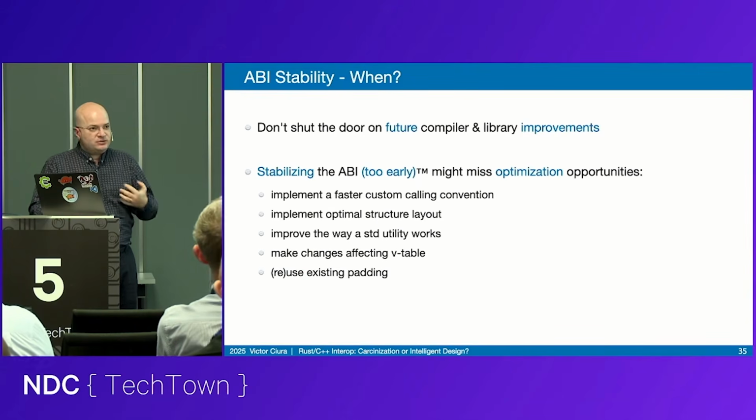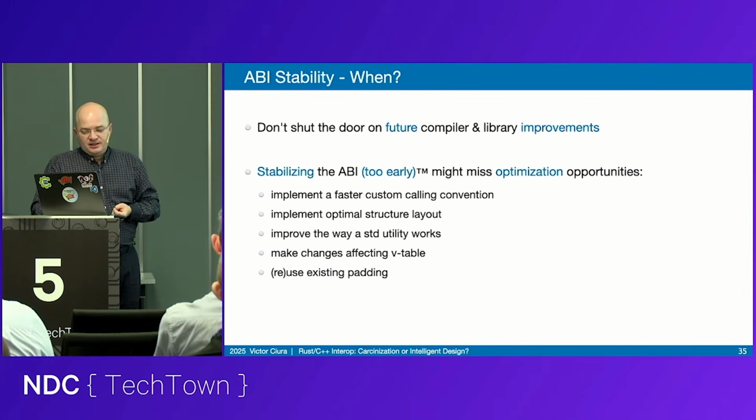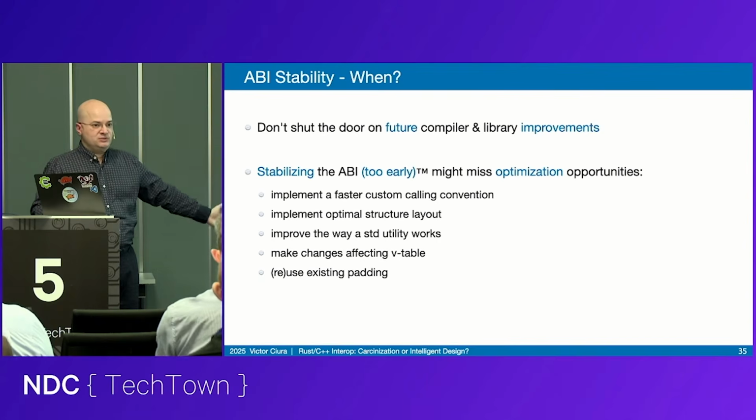People like to talk about ABI stability, and when to get there. And it's never a comfortable or satisfying conversation, because there's no good moment to say, now we want to freeze the ABI. That's why Rust doesn't want to do that.